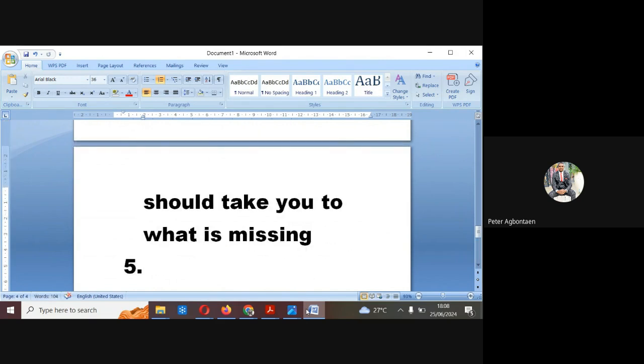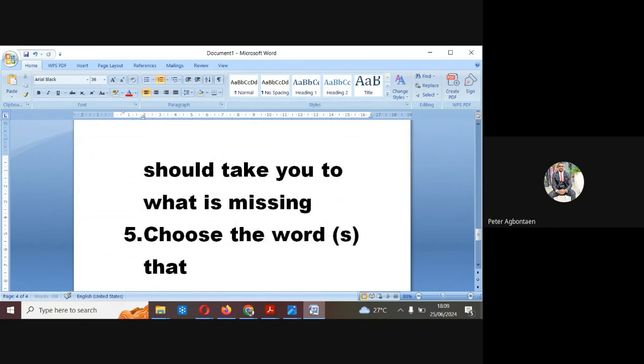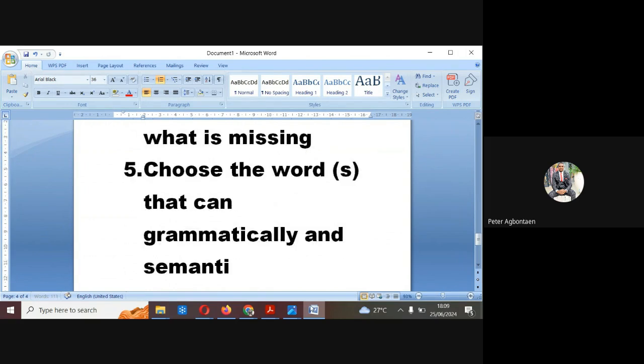Then the fifth and final step is that you should choose the word or words, as the case may be. At times it's only one word, sometimes it's more than one. Choose a word or words that can grammatically and semantically complete the sentence.